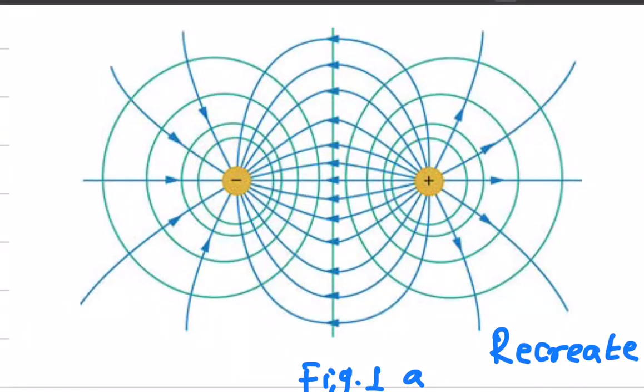Now, if you have, let's say, a charged particle, and you move from one point to another point on the same contour line, then no work is required. If you move along the same equipotential line, no work is required. Why is that?